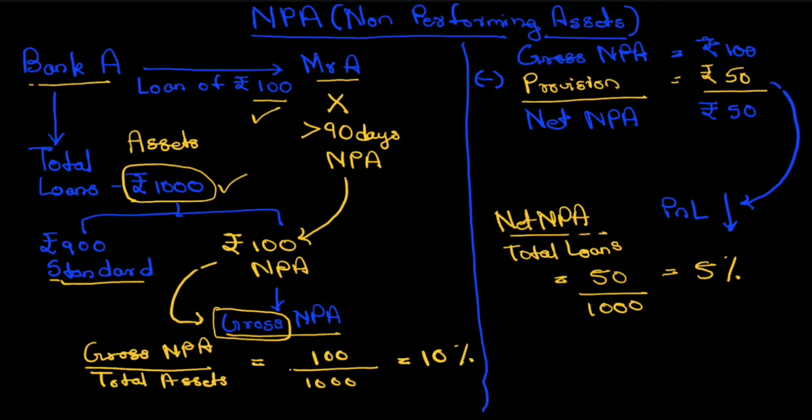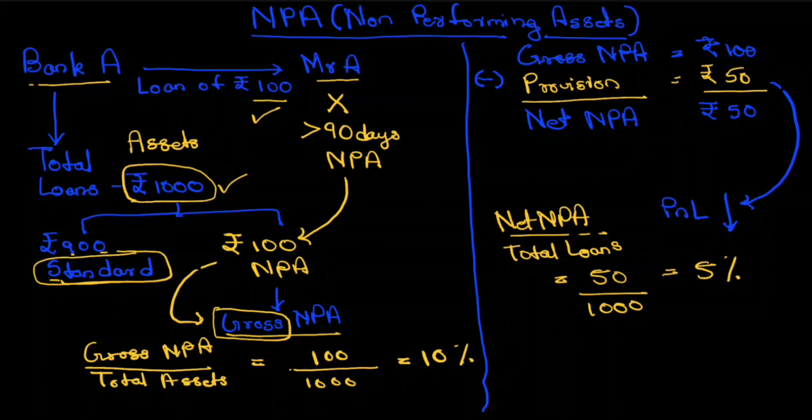For a bank, asset quality is extremely important. Asset quality is nothing but how much of the bank's total assets are standard. A good quality bank will have a higher proportion of standard assets and a very small proportion of NPAs. So, whenever you are looking at a bank for investing or to open an account, it is very important that you check their gross NPA and net NPA figures.